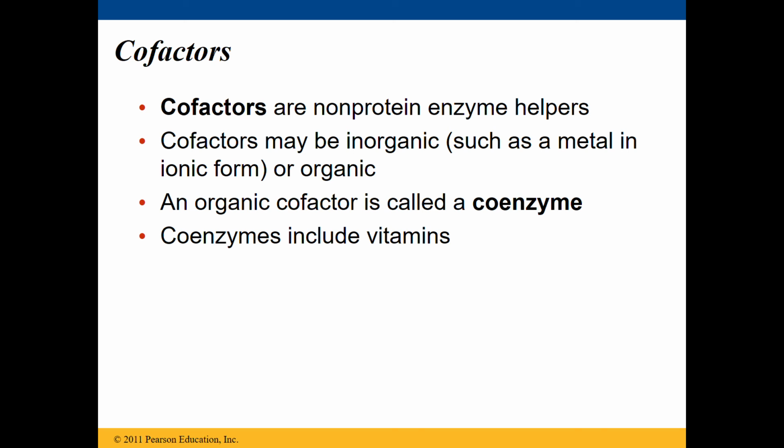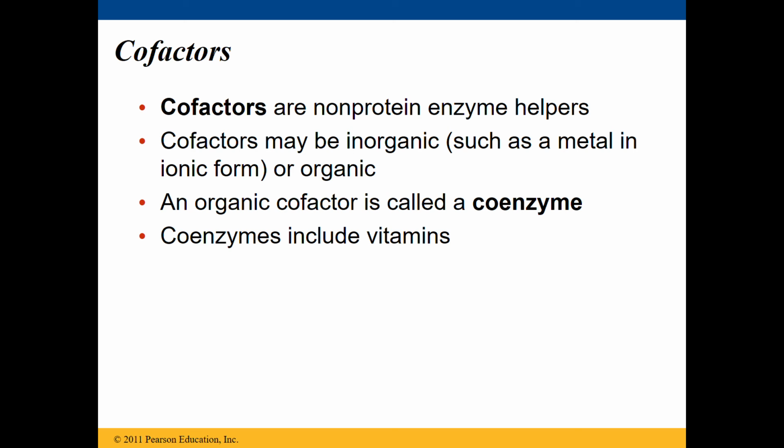Now, sometimes enzymes need helpers. And if it is a non-protein helper, we call it a cofactor. So cofactors can be inorganic things like metals. Magnesium is an important cofactor. Some of you might take a magnesium supplement, and it helps a lot of our enzymes do their job.